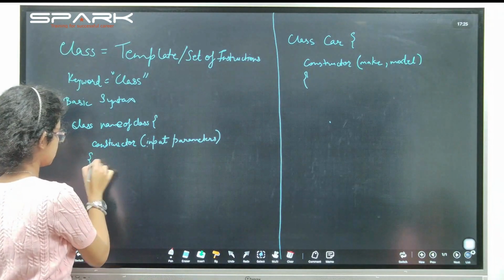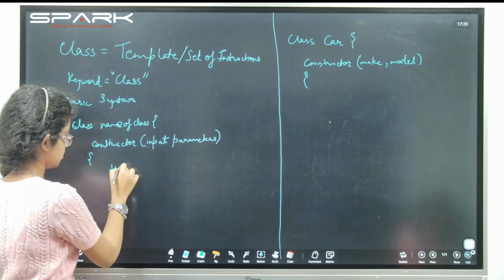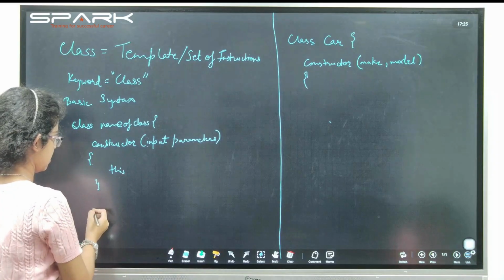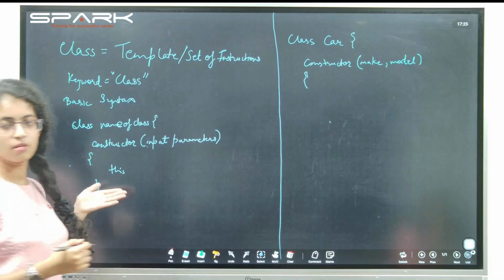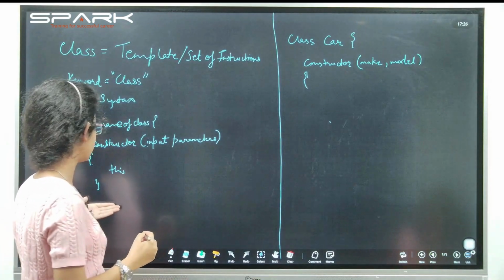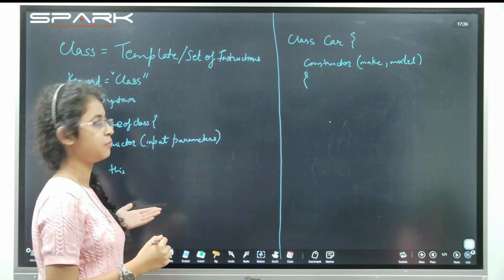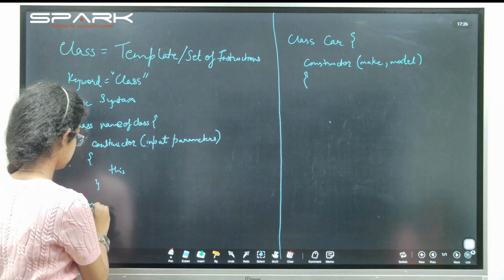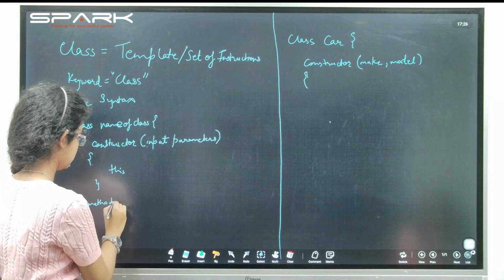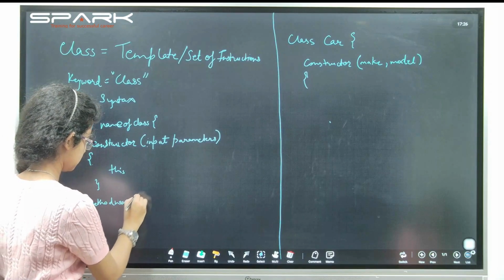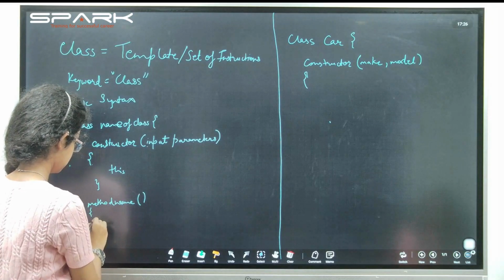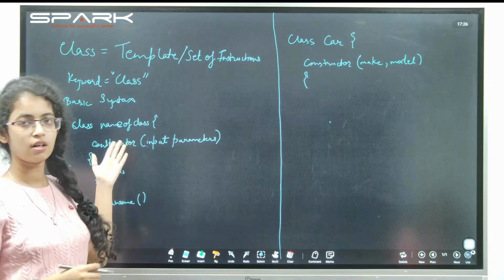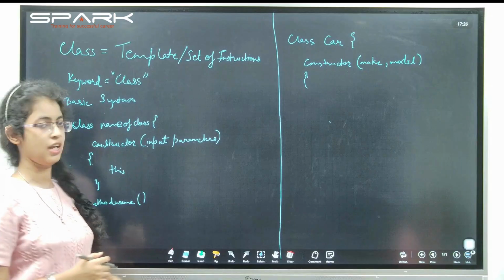Inside the constructor we use the this keyword. And after the constructor there comes a method, which can be a display method or any other method, with a method name. That's it. This is the basic syntax of a class.